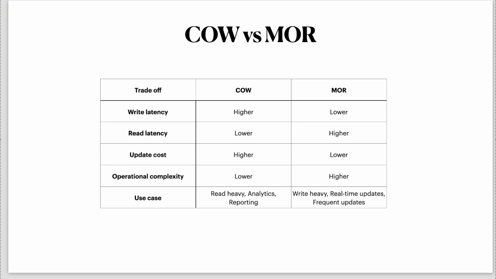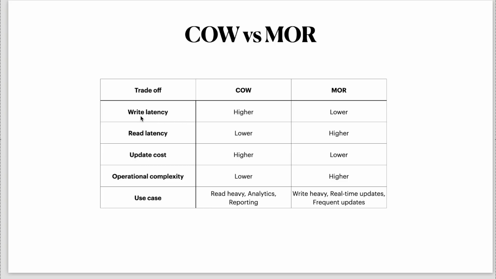Now, when to use COW and MOR. COW is basically used for heavy read traffic for analytical or reporting purposes, where we have more read traffic, and MOR type tables we use for write-heavy queries or where we have real-time or frequent updates, a heavy write workload.